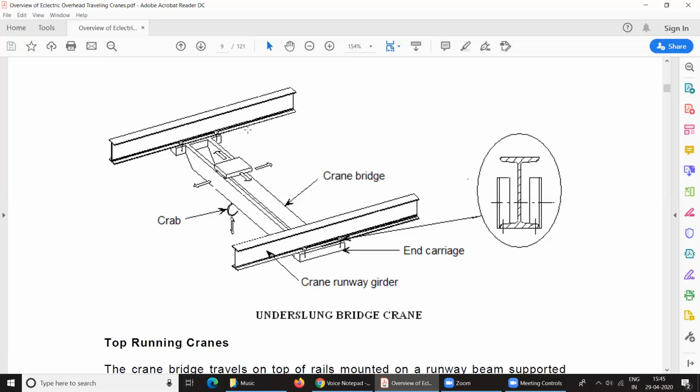Depending on the lifting capacity of these cranes, the hoisting device may be a hand-operated trolley type hoist, an electric hoist, or a drum type crane trolley, or a crab. That is what is shown in the figure also, the crab. I think you all can see that. So what is a crab? A crab is a crane trolley.